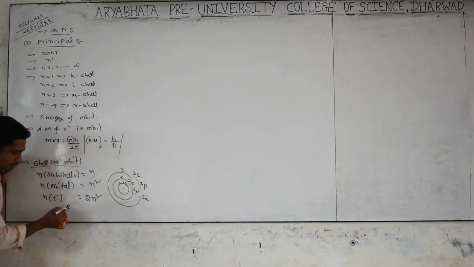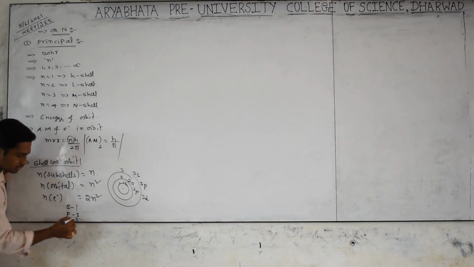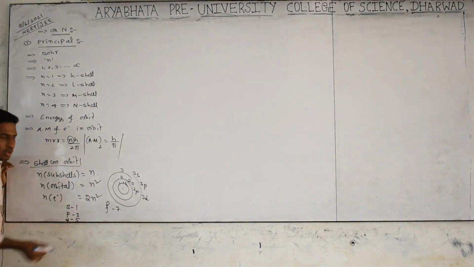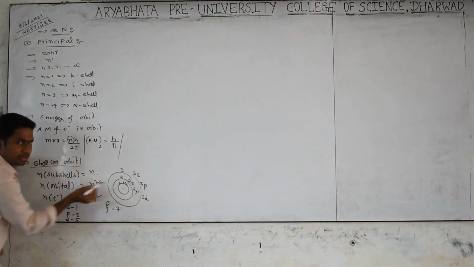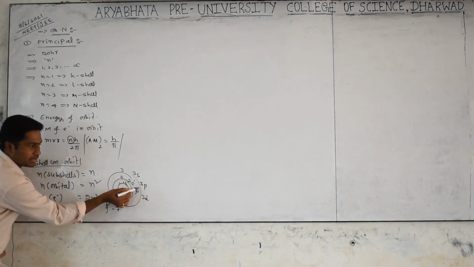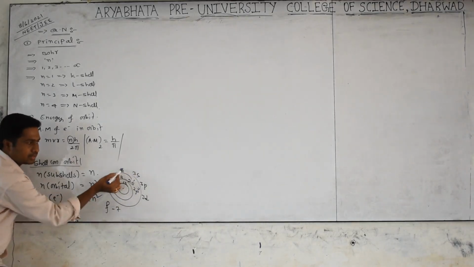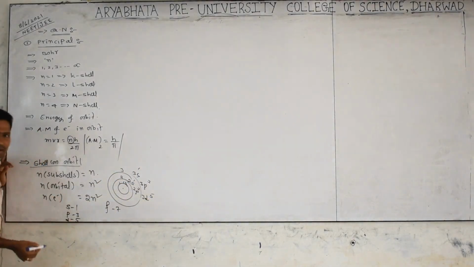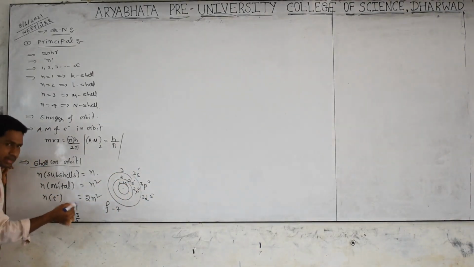And for the number of orbitals, you know very well, s orbital is of one type, p orbital is 3 types, d orbital is 5 types, and f orbital is 7 types. For n equals 1, only one orbital, 1 square. Here 2 square, 4: 1 s orbital and 3 p orbitals. Here 9, 3 square: 1 plus 3 plus 5 is 9. And how many electrons?